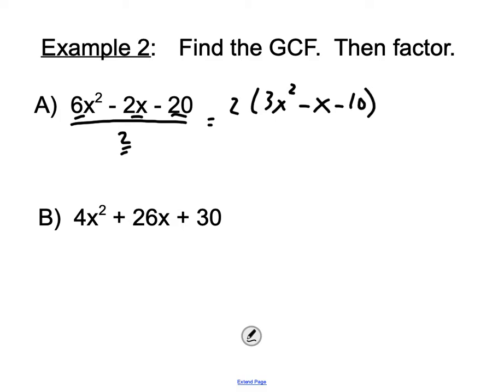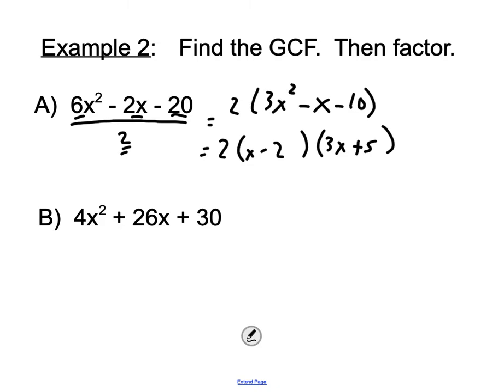And then I have to keep factoring this as much as I can. So the 2 stays here on the outside. What times what gives me a 3x squared? It'd be an x and a 3x. What multiplies to give me a negative 10? 2 and 5 probably. And I'm going to guess negative 2 and positive 5.